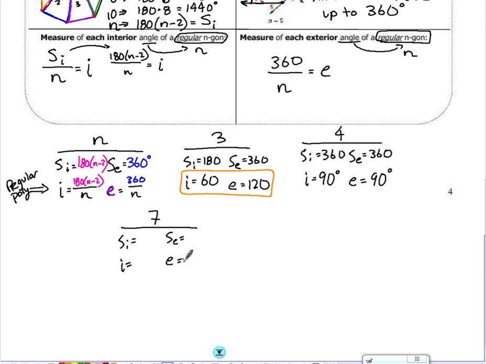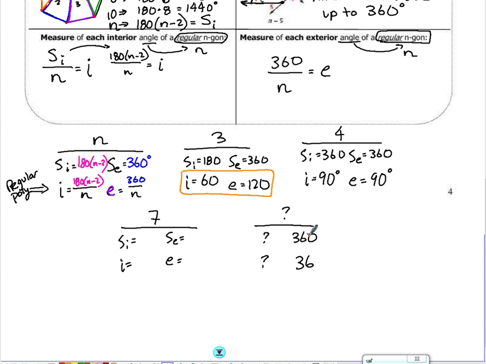What happens if I don't know the number of sides, I don't know SI, I don't know I, but I do know that E is 36 degrees, and this is obviously 360. See if you can try these 2 problems and come up with their values. After you pause the video, I'll show you my answers.